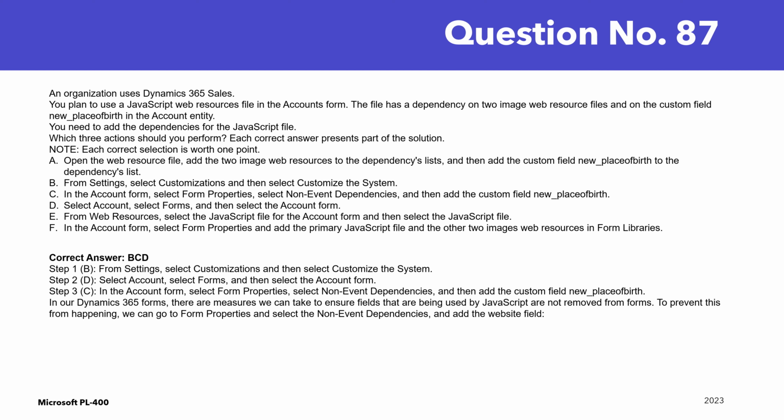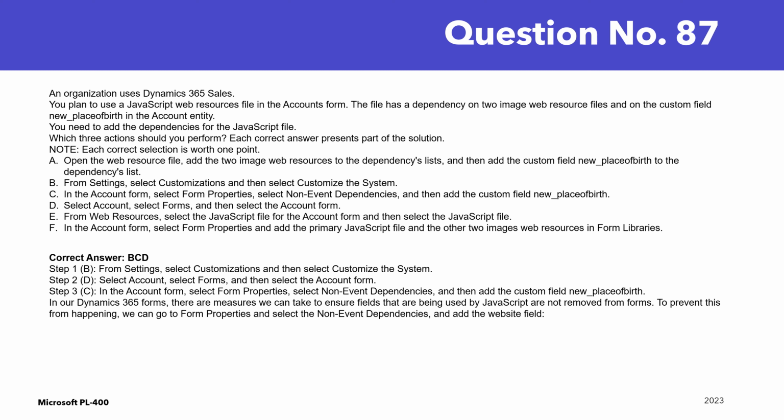A. Open the web resource file, add the two image web resources to the dependencies list, and then add the custom field new_yearofbirth to the dependencies list. B. From Settings, select Customizations and then select Customize the System. C. In the account form, select form properties, select non-event dependencies, and then add the custom field new_yearofbirth.